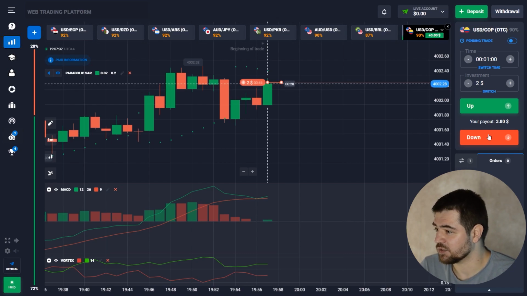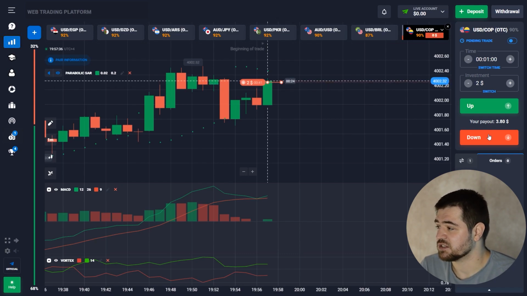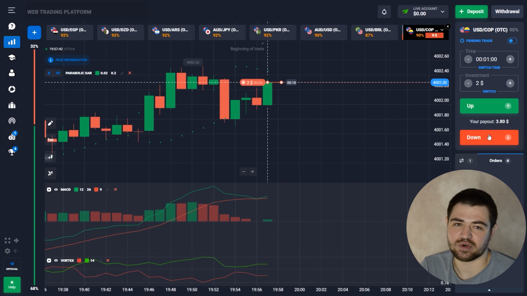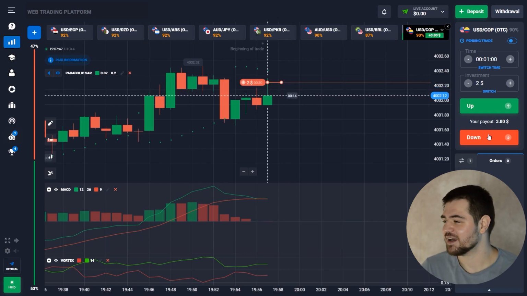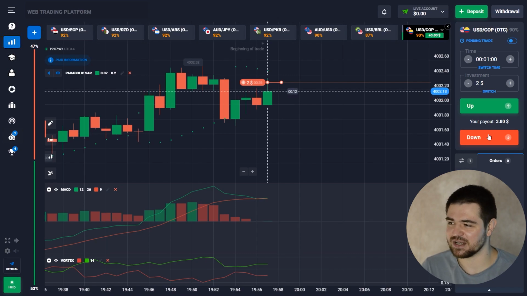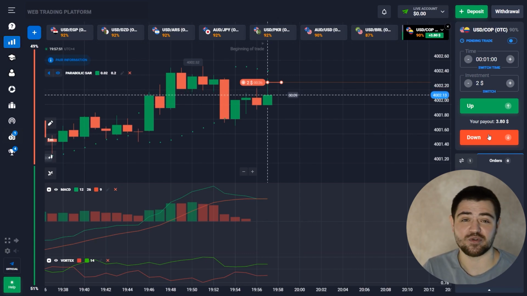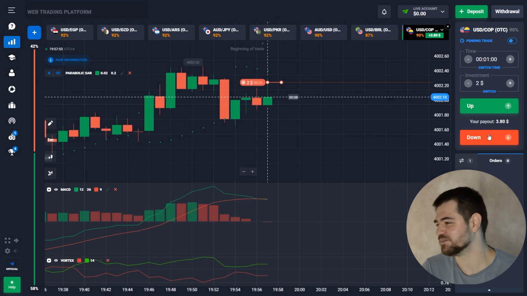And then also we are working here from the resistance levels, so this is a good point to make a short. So this is exactly what we did. This is the thinking behind the decision, and let's wait for the result and we continue.